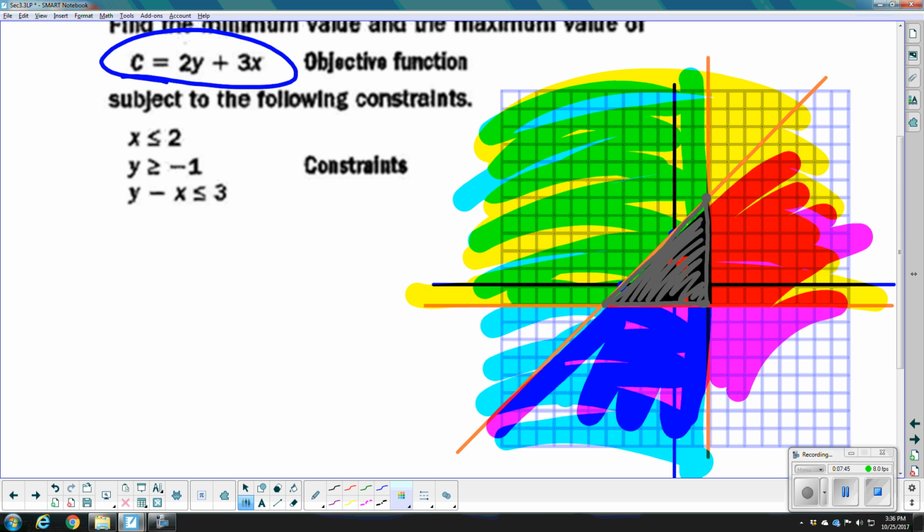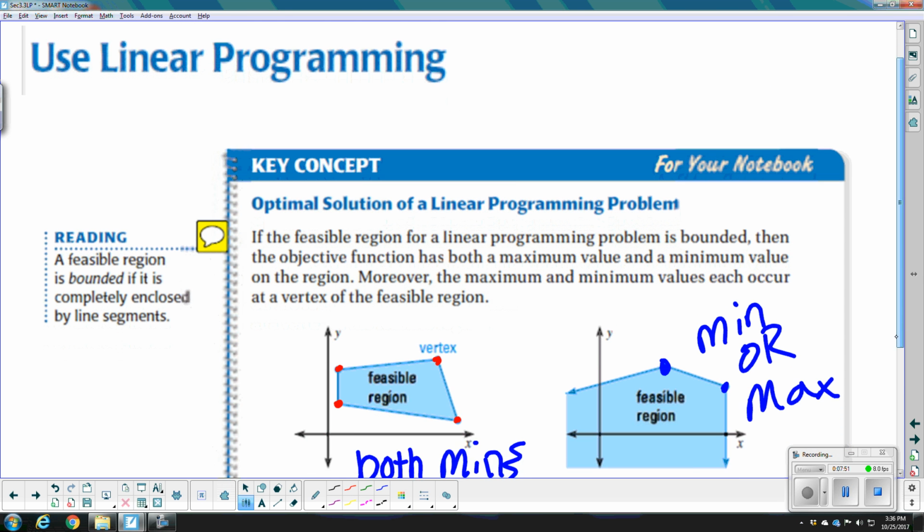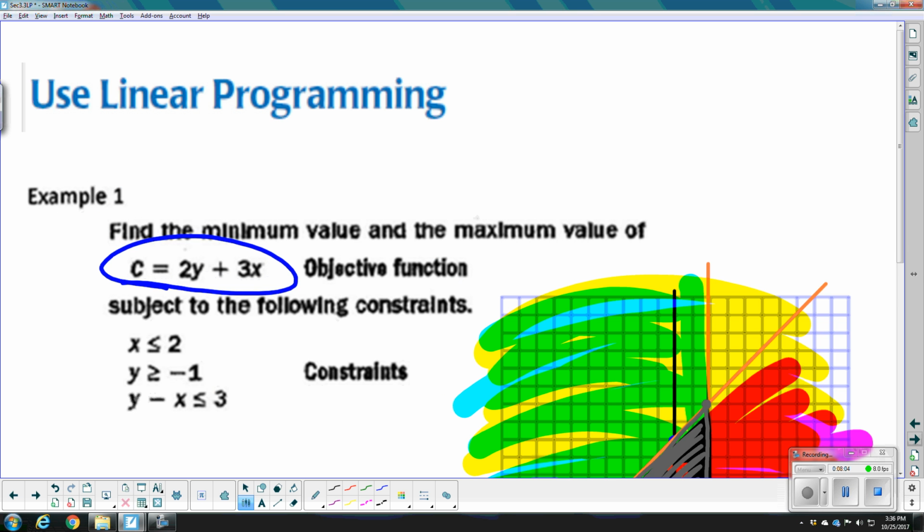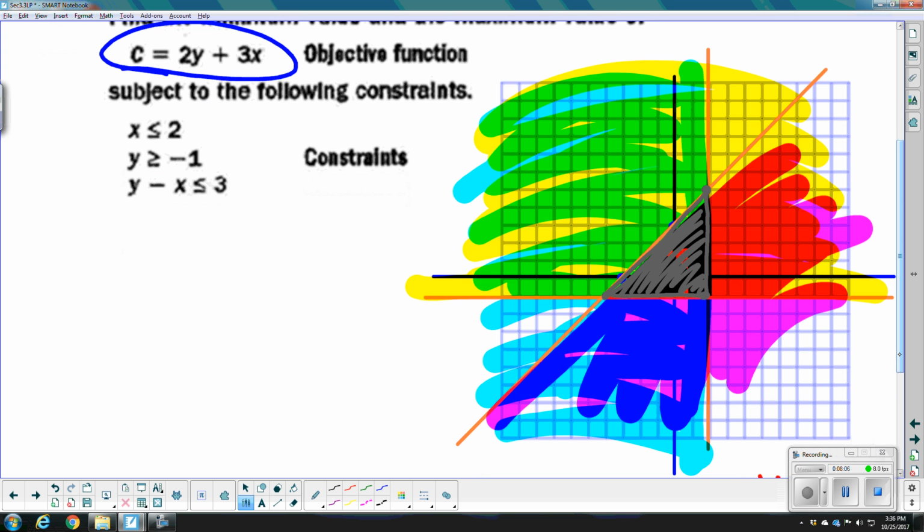And my next step now is to identify the vertices. Because if you, again, look at that for your notebook, key concept thing, it says that the maximum and minimum value occur at each vertex of the feasible region. So I need to identify my vertices of my feasible region.